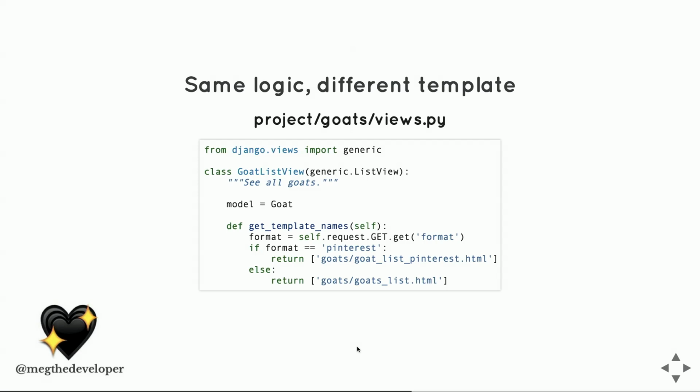You have access to it for free, it's all there. You just have to access it. So we access it and say, did they provide a query arg which is format equals Pinterest? And they did, and so we rendered a different template.